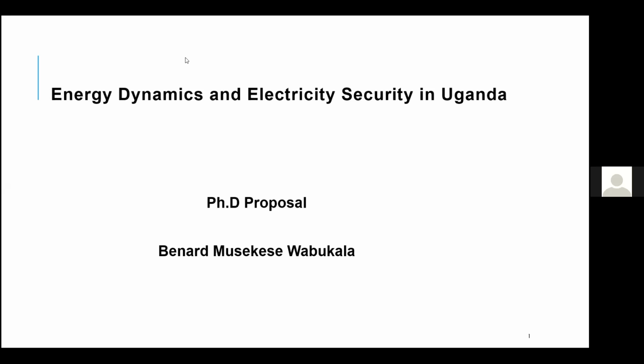You can define that you have access if you are in an area where there is electricity, or you can define access as being connected. I think that one also needs to come out clearly in the proposal.